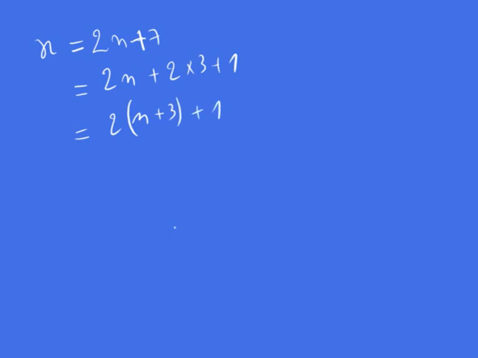We can take k equal to n plus 3, and then x equals 2k plus 1. Then x is an odd number.